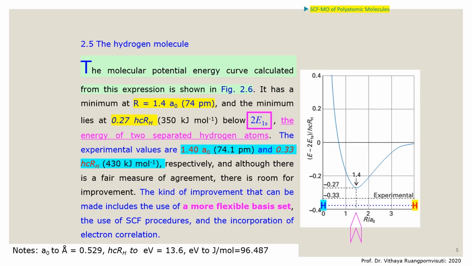The bond length obtained from the calculation, solving the Schrödinger equation using the Hamiltonian and approximate wave function, is in good agreement with the experiment.